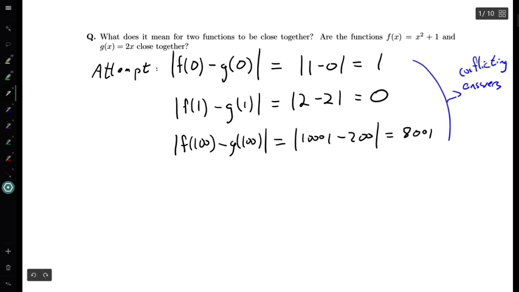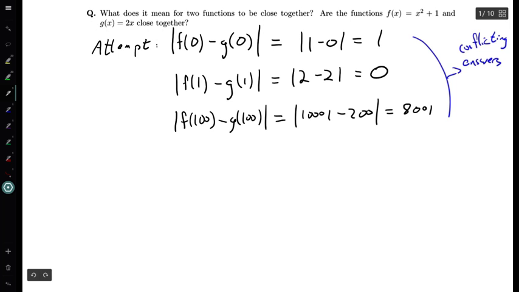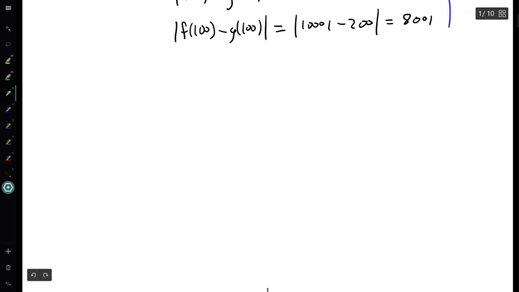So instead, what we want to do is maybe take a look at some pictures. Maybe try to figure out whether or not these functions are close together by graphing them. So if I were to draw a graph of these functions, let's draw f of x in red here.